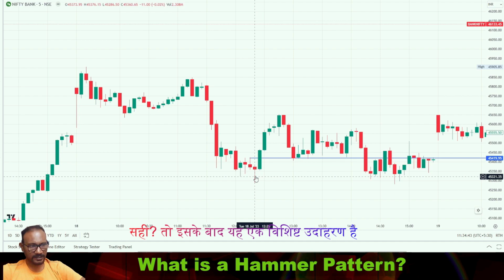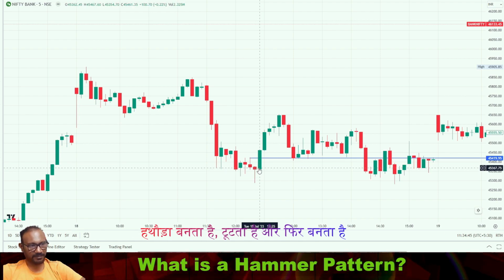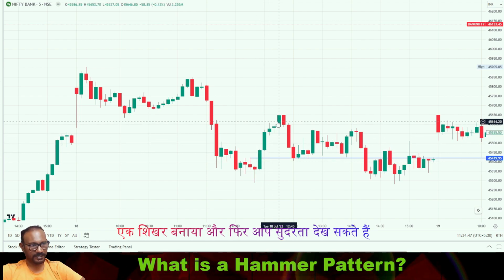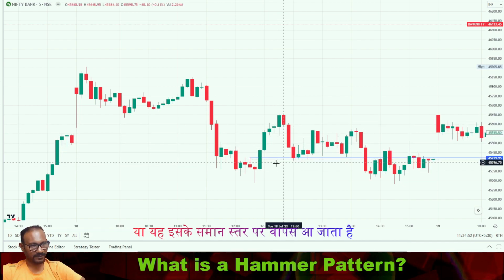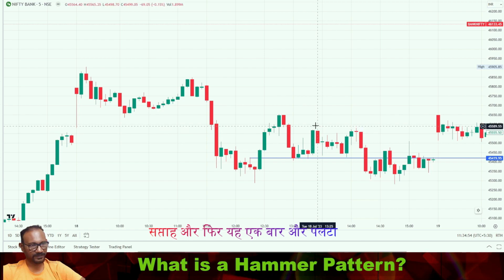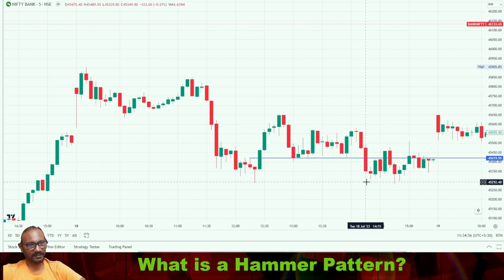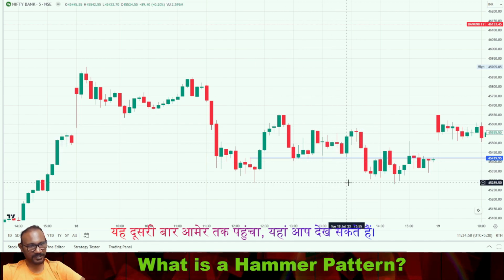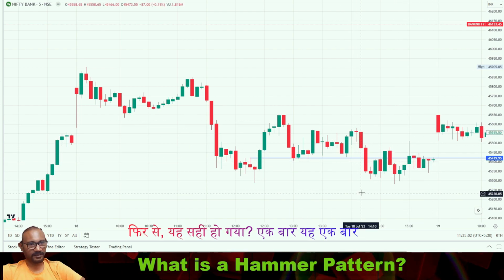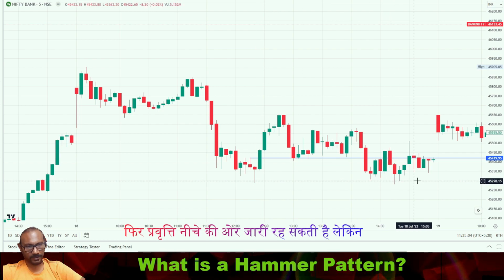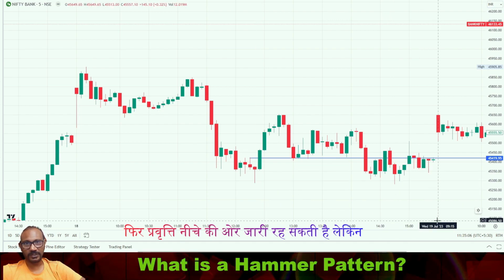So this is one typical example. After the hammer is formed, it broke and then it made a peak, and then you can see the beauty here. It comes back to the same levels of this peak and then it reversed one more time. And when it reached the hammer second time here, you see, again it got rallied, right? Once this hammer is broken, then the trend may continue downside.